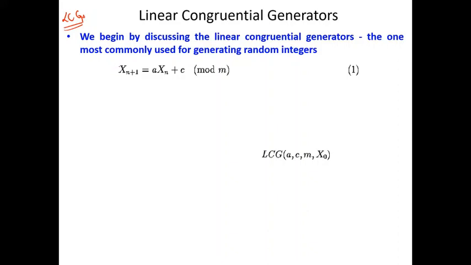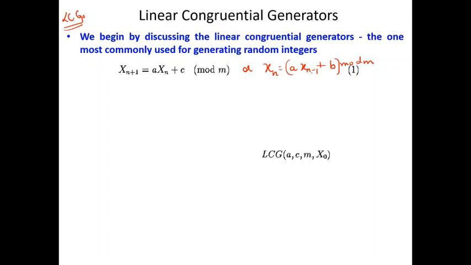As I was telling you, the most basic type of random number generators are called linear congruential generators. They are defined using this equation, or more commonly, we'll write it as xn is equal to a into xn minus 1 plus b mod m.